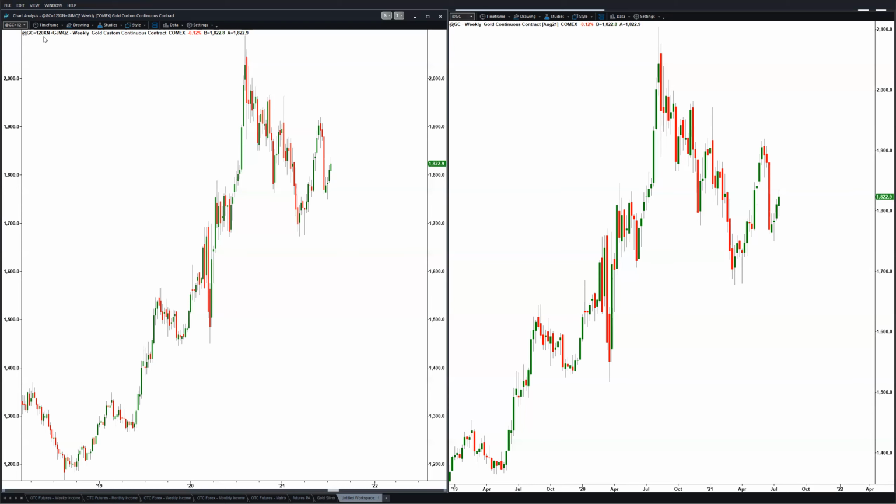So we remove these 20 days from the chart, which is the period between first notice date and expiration date, because there's no trading activity.